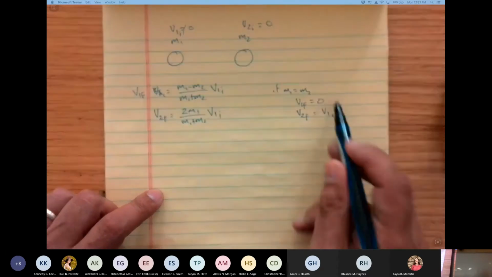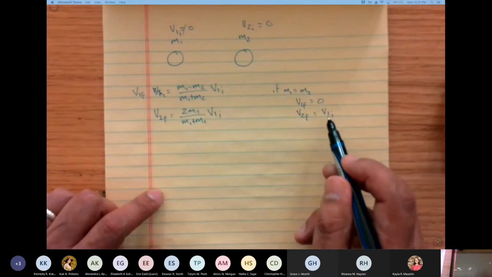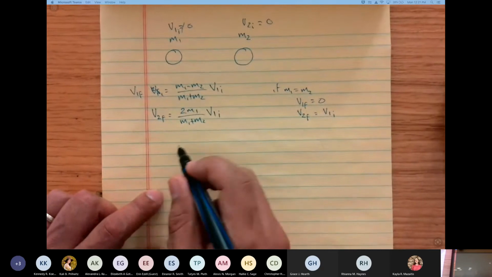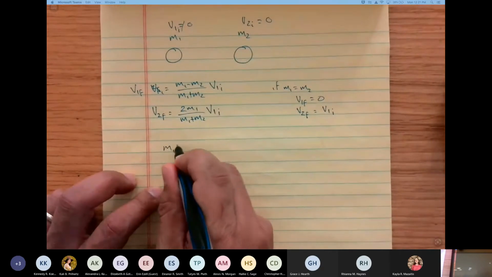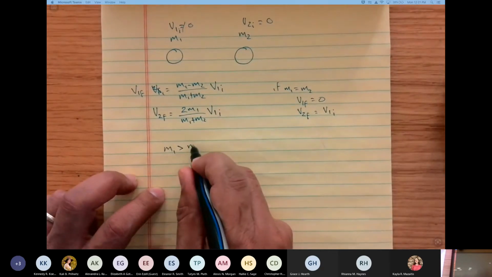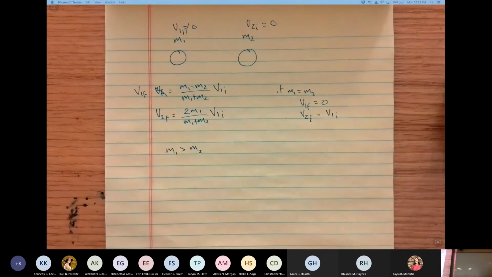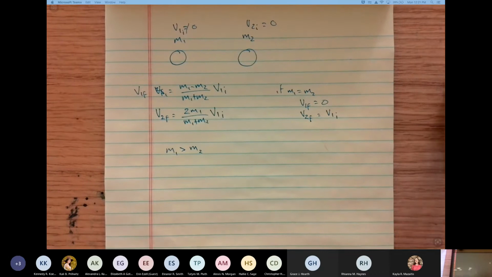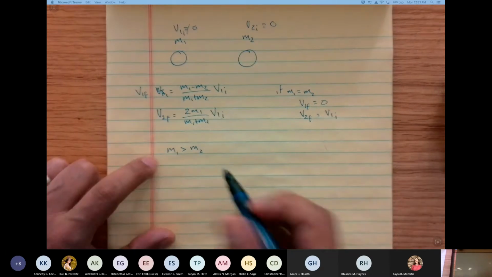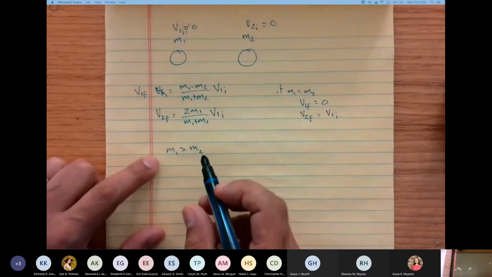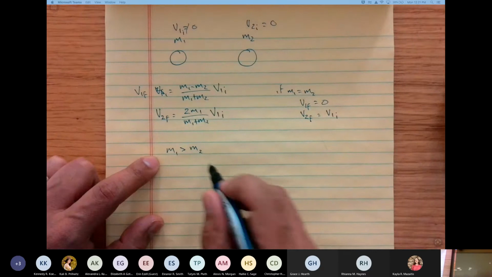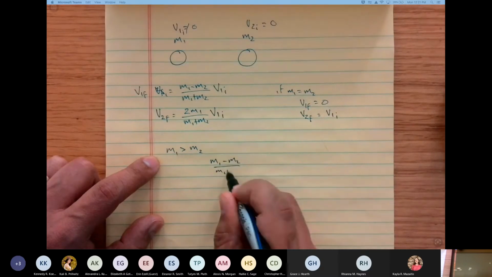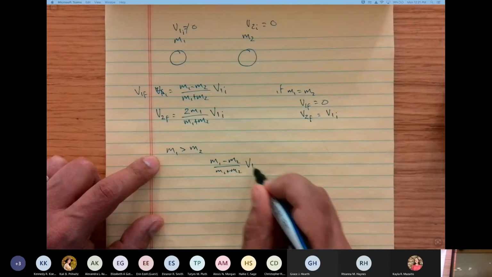Okay. Now, imagine that we have another case in which the first mass is bigger than the second one. That could be the example of a bowling ball hitting some pins. In this case, m1 minus m2, the numerator, is going to be positive.